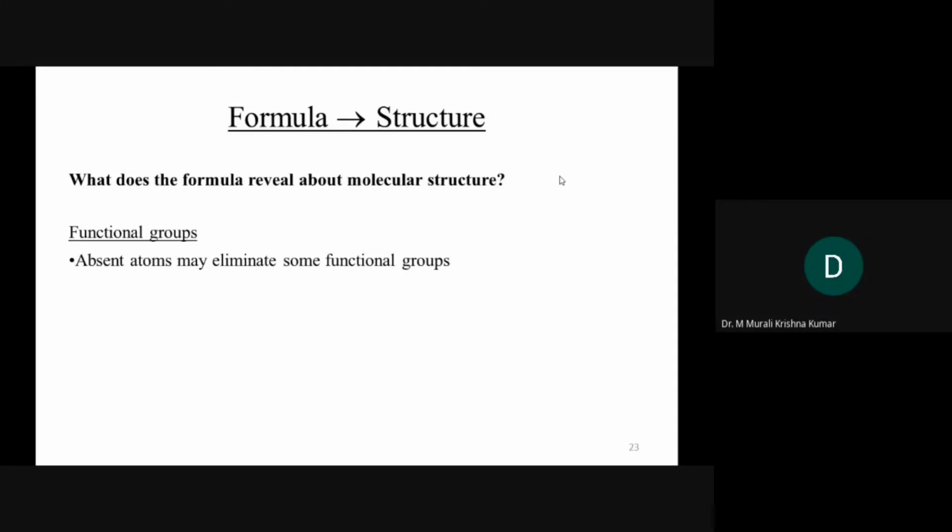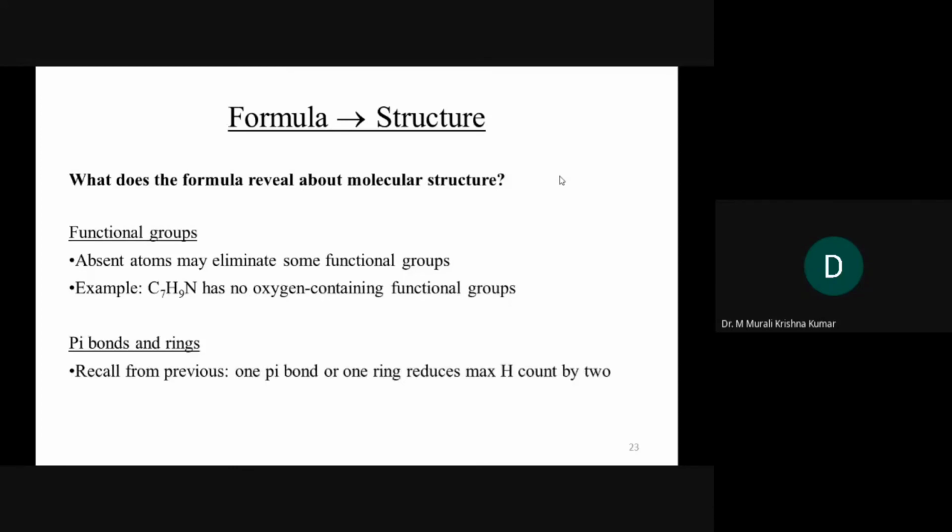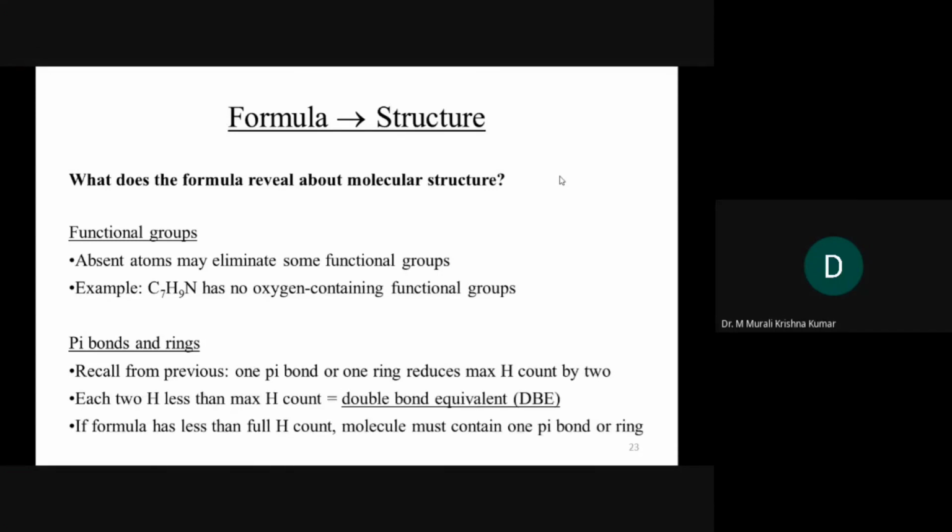Plus, when nitrogen is there, certain functional groups are possible: an amine can be there, an imine can be there, a cyanide can be there, or nitrogen can be part of a heterocyclic ring. So it tells you the presence of certain functional groups and the absence of others. Then pi bonds: from the molecular formula, by calculating degrees of unsaturation, we can figure out the presence or absence of certain functional groups. That is what we call double bond equivalence.